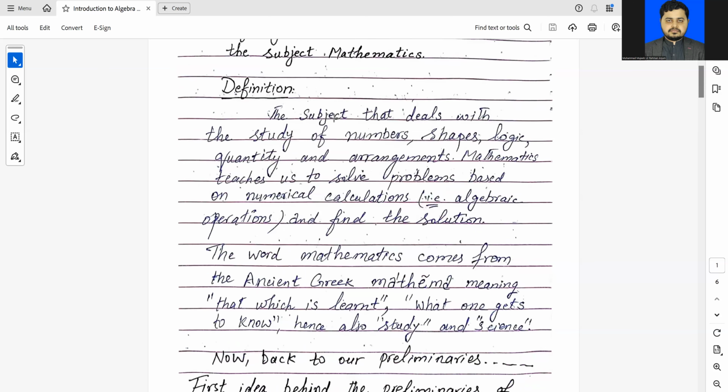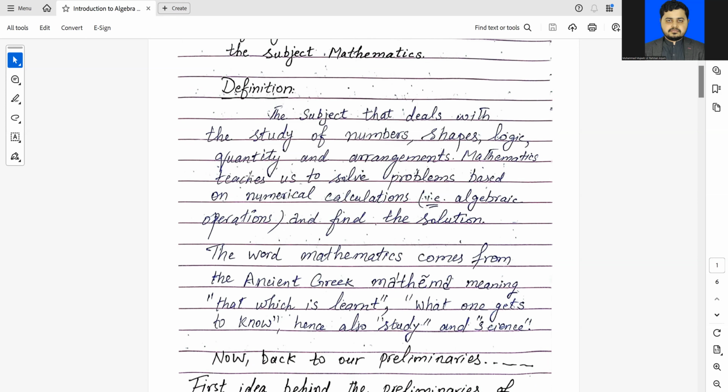The subject that we are studying is known as mathematics. We need to clear the idea of definition of mathematics. Basically, the subject that deals with the study of numbers, shapes, logic, quantity, and arrangements.